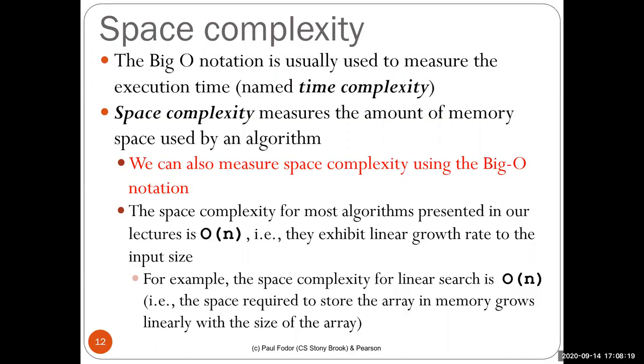So basically it's the same idea of growth rate. If you need an exponential, a different function on the number of elements that will be stored in memory, then you basically will have a different value for the space complexity.